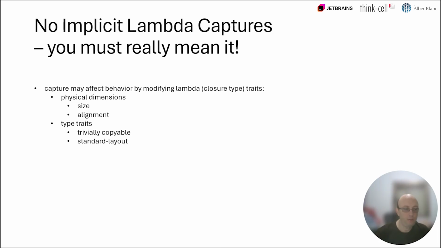It all of a sudden may no longer be trivially copyable or standard layout or what have you. So this is contracts affecting actual behavior, which, as we've seen numerous times, is something we do not want to allow ourselves to do.